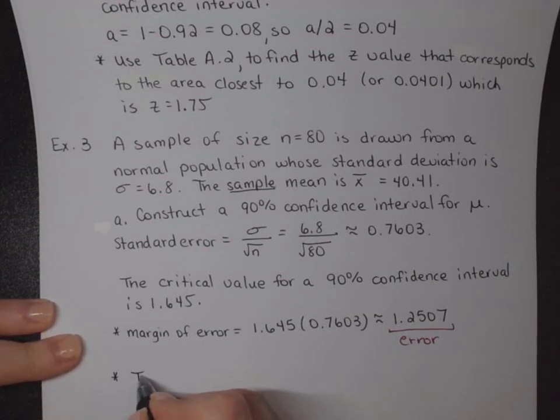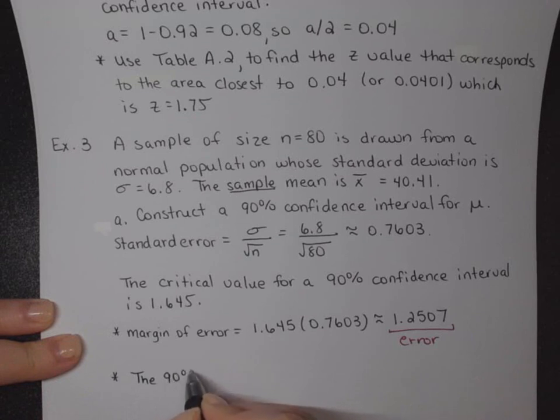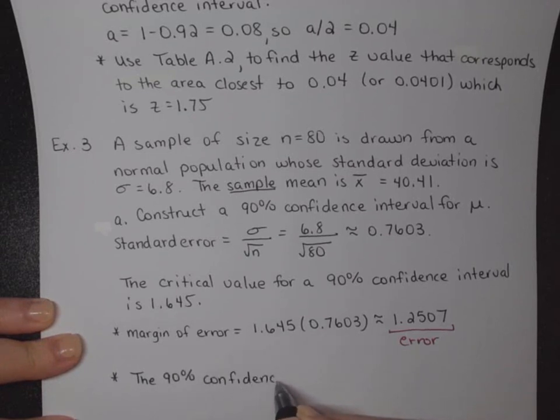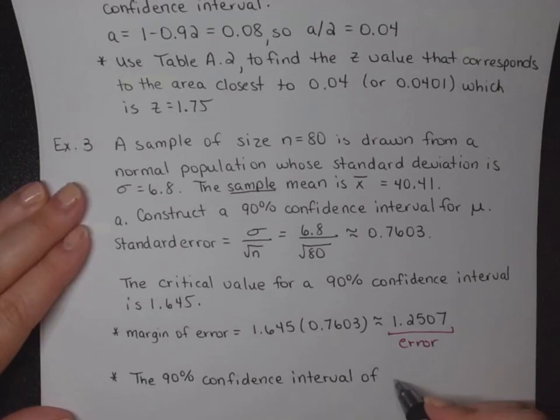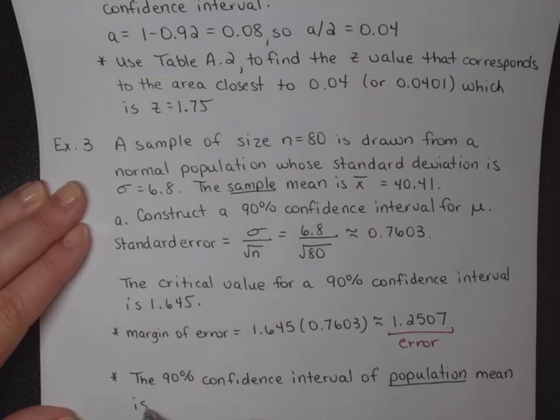The 90% confidence interval of the population mean is going to be our 40.41, give or take our error.